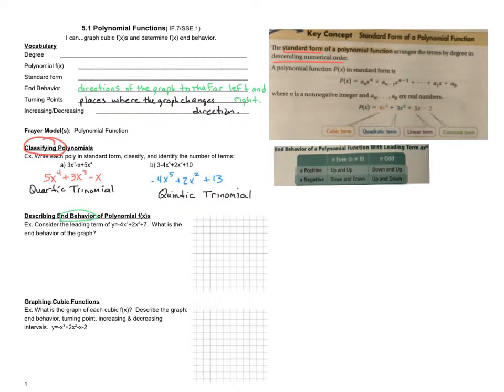The number of terms in a polynomial are separated by addition and subtraction signs. So in this case, this p of x actually has 4 terms.